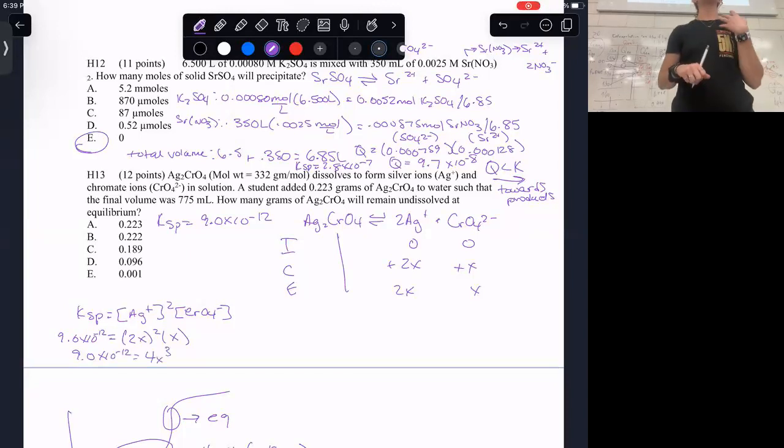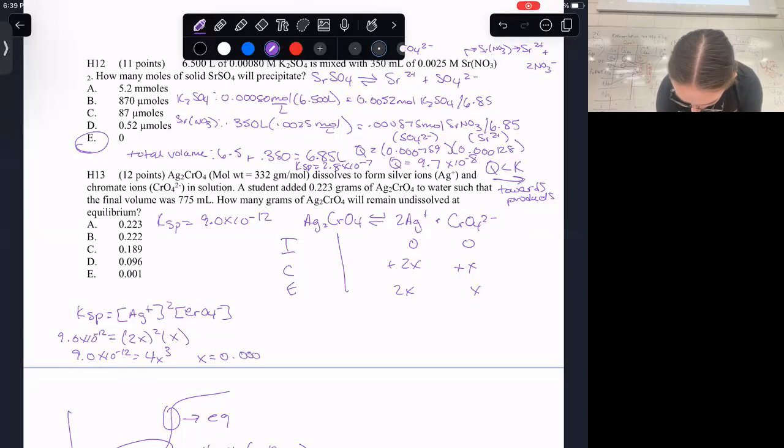So you can divide by 4, take the cube root, and you end up with x equaling 0.000131. This is the solubility of your chromate ion in solution. The solubility of silver would be twice this.